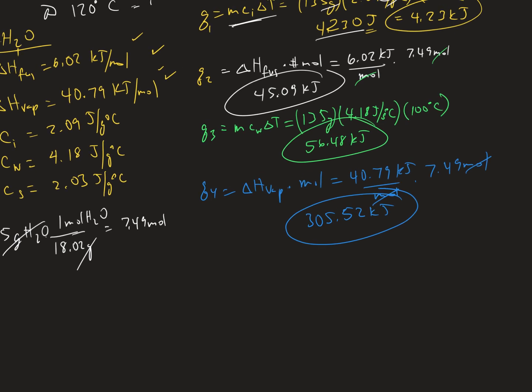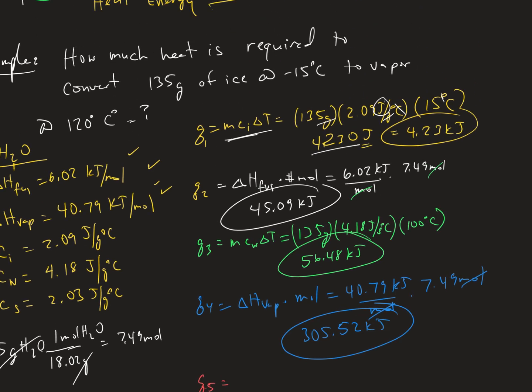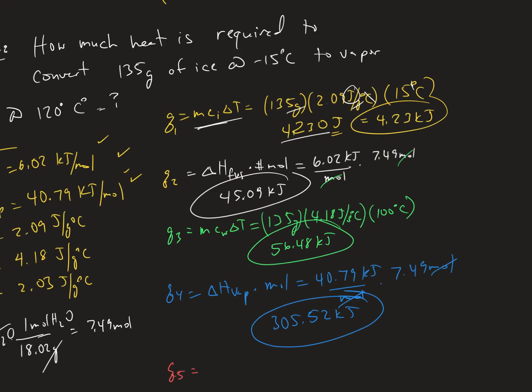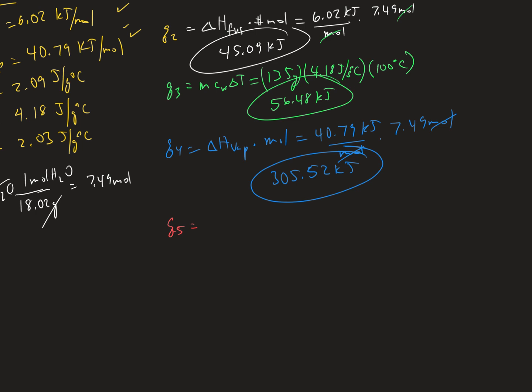And then the last step, Q5, is changing our temperature from 100 degrees Celsius to 120 degrees Celsius. Since we're changing temperature, it's going to be m C of steam delta T. Mass is still 135 grams.